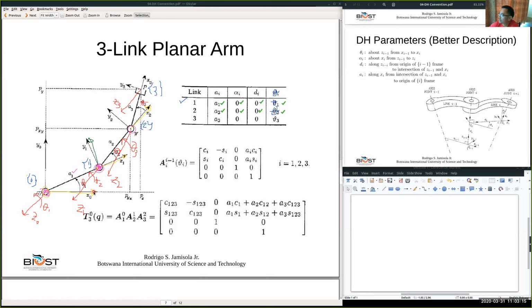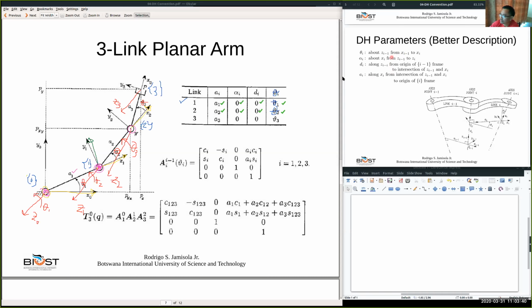And from X2 to X3. So that's X3. So we're looking at theta 3 now. This rotates about Z2, and that is your X2 towards X3. From X2 to X3, rotating about Z2. And so this is your theta 3, and that's positive.